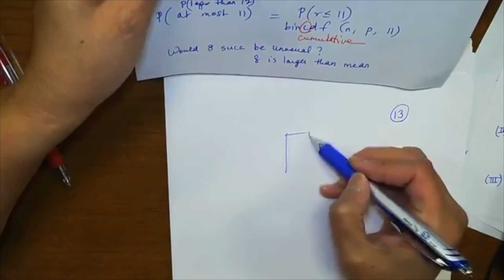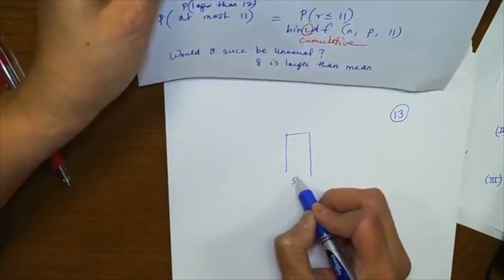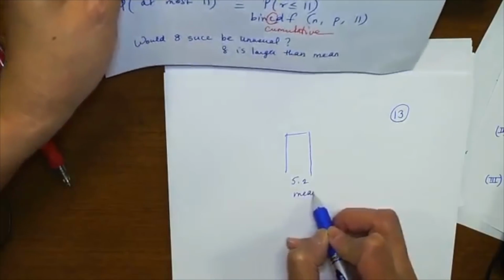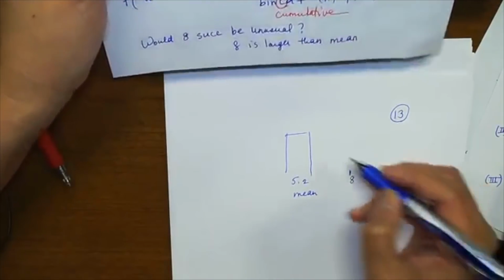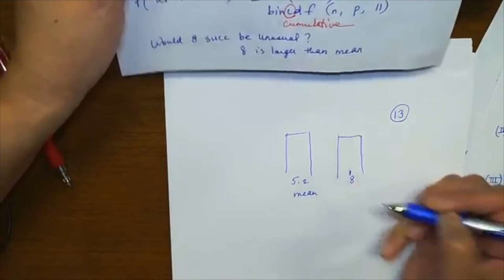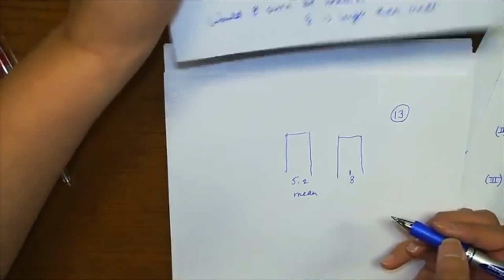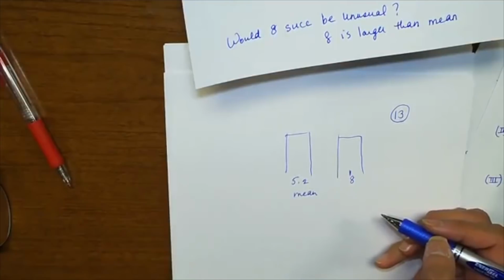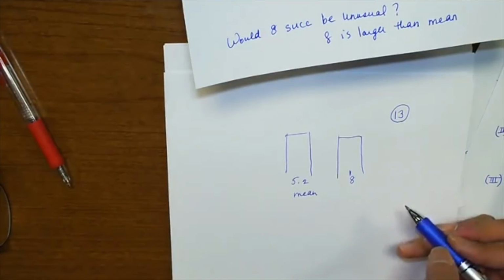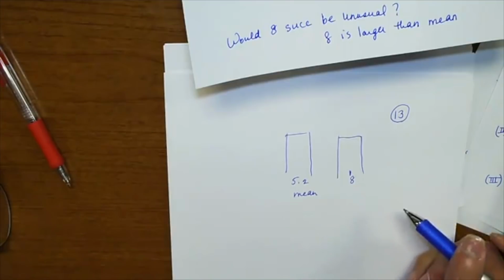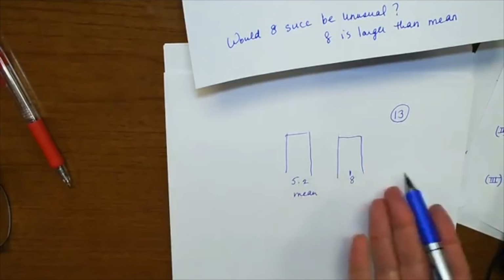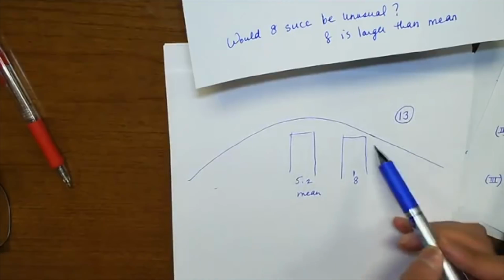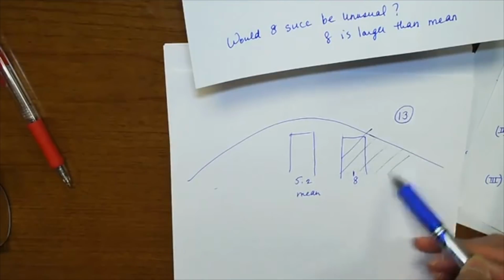So here's the mean, which is 5.2, and here's 8. I can only consider if 8 is unusually large because it's larger than the mean. So I want to see this.